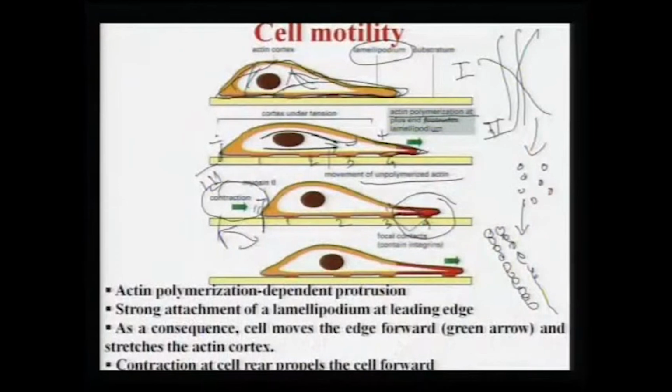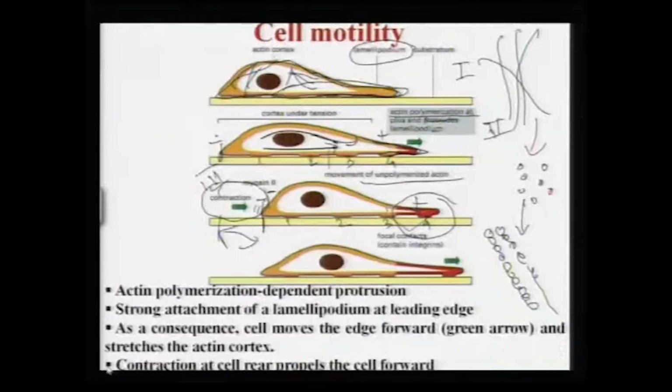So, each time polymerization of the actin filament takes place at the plus end, more focal contacts will be established. If focal contacts are established, that means the cells can move further.